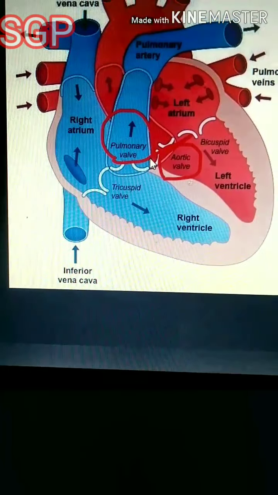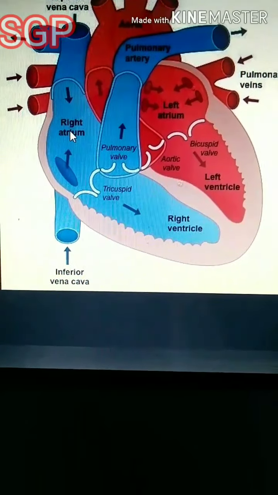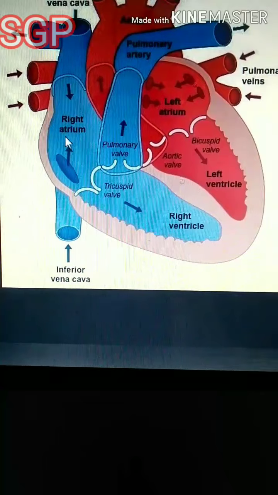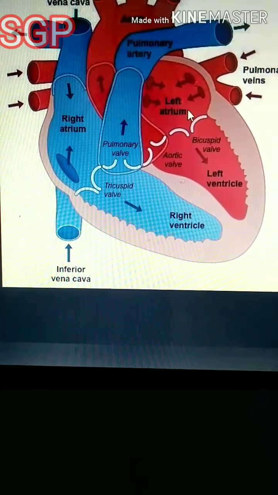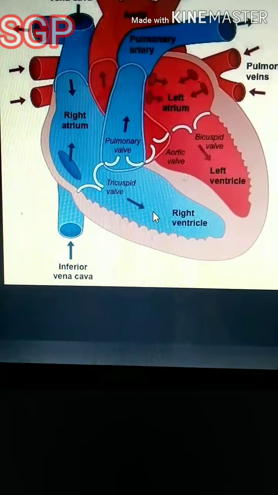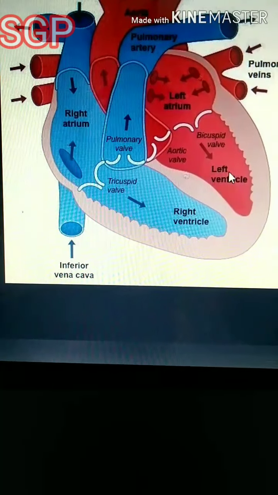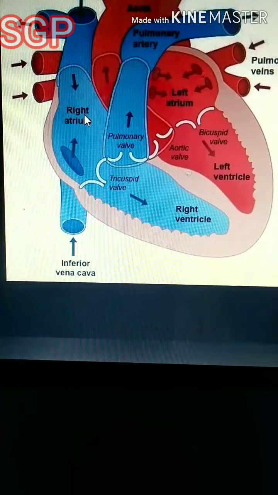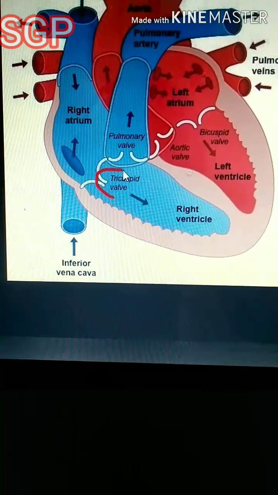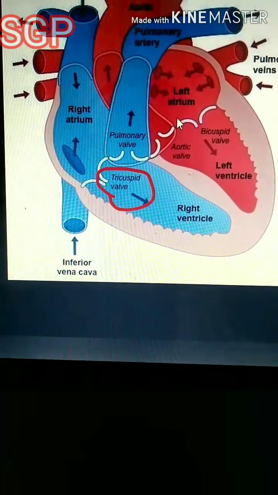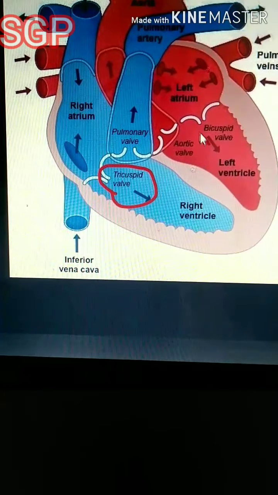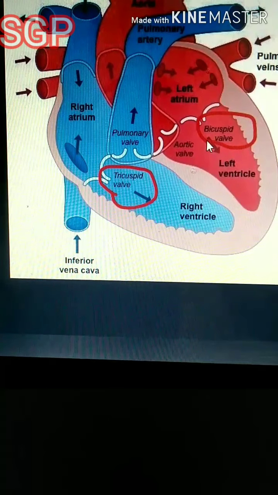These are all the structures present in the internal heart. Two atria are present, the right atrium and left atrium, and two ventricles, the right ventricle and left ventricle. The right atrium opens into the right ventricle through the tricuspid valve, and the left atrium opens into the left ventricle through the bicuspid valve.